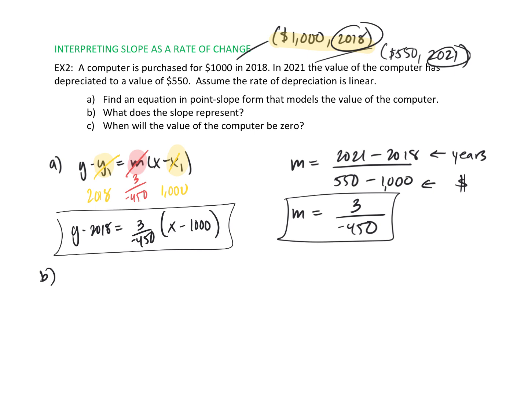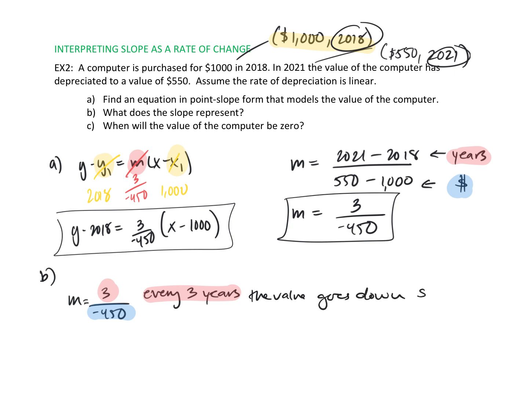So if I was to read off this slope, 3 over negative 450, this is saying every 3 years, remember this was the dollars, every 3 years the value goes down because it's a negative $450. I'll do a capital E for every because it's a full sentence. And there we go, that's how we would interpret the slope.